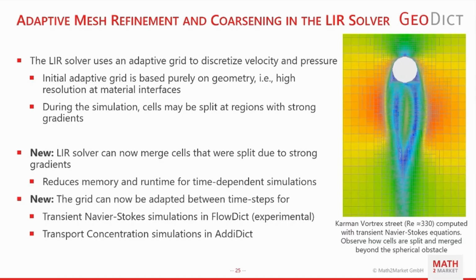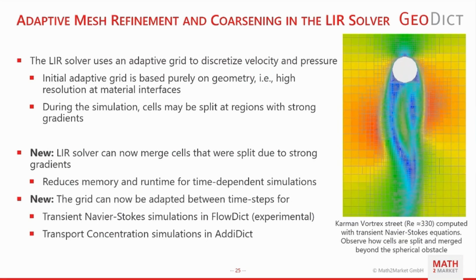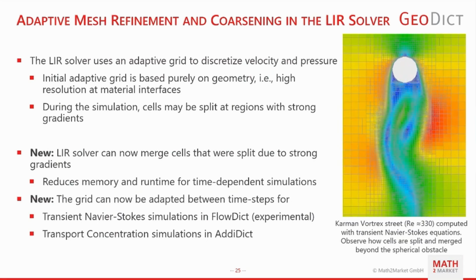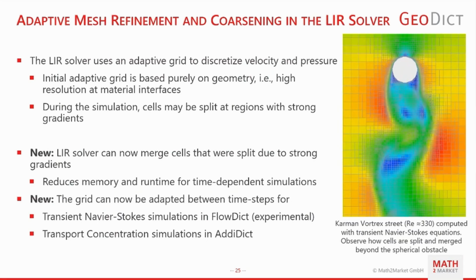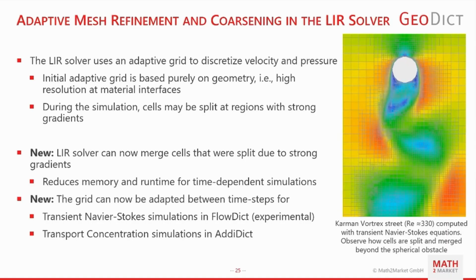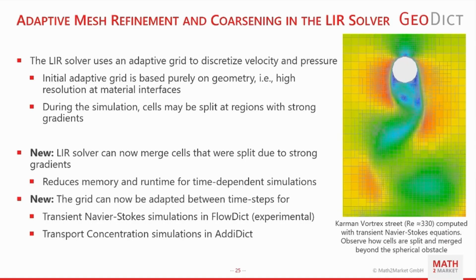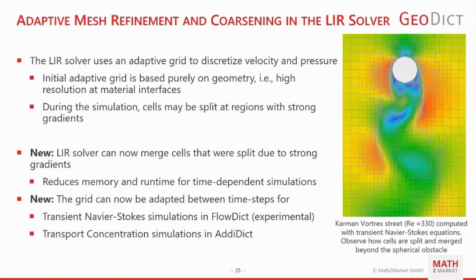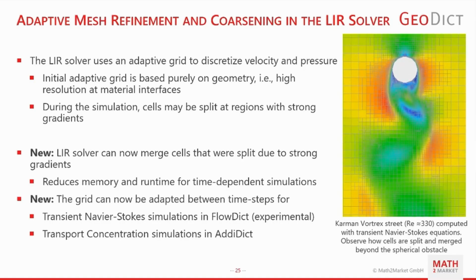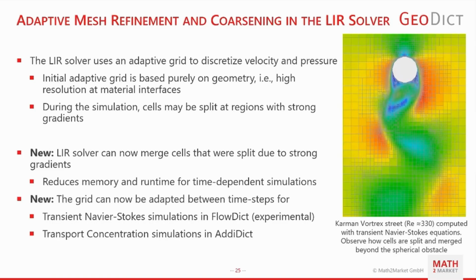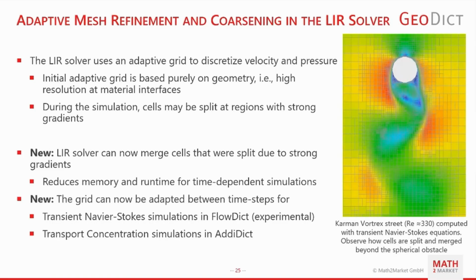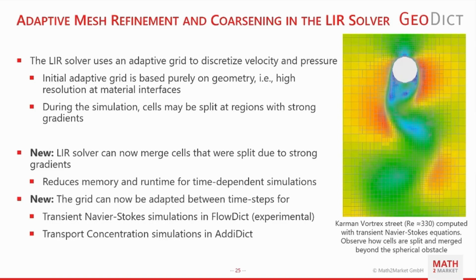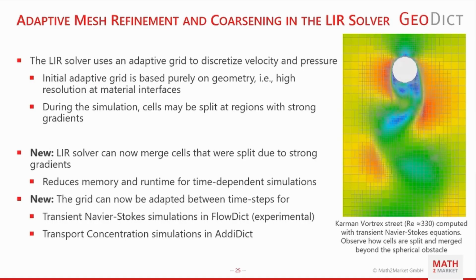And this is some ongoing development that will probably be available already in the 27 or a later version. But you can see that we're working on solving also time-dependent Navier-Stokes equations, which would let us solve not only stationary problems, but also get instationary solutions for larger Reynolds numbers in the future.